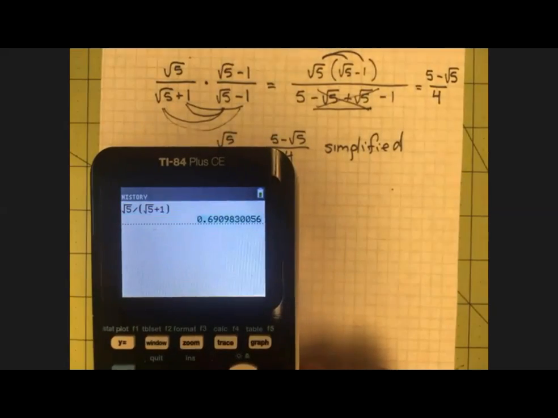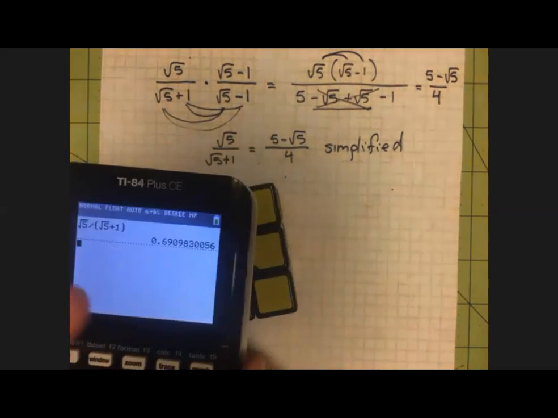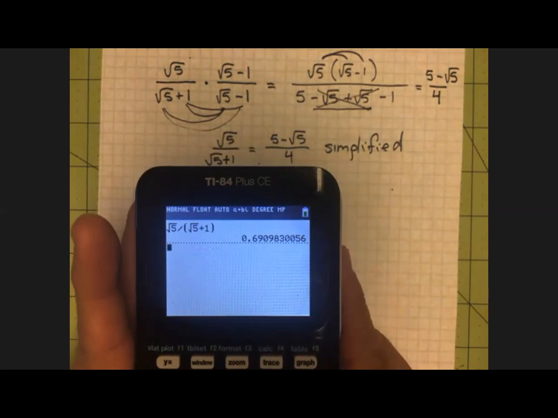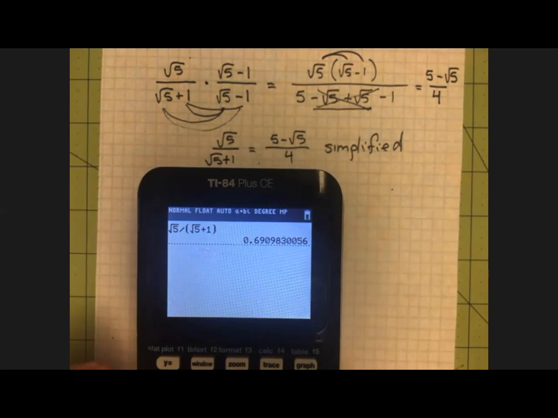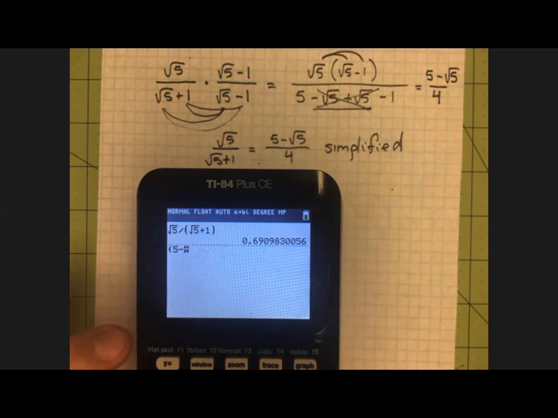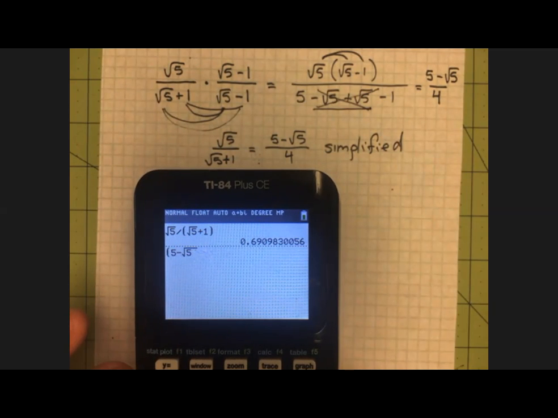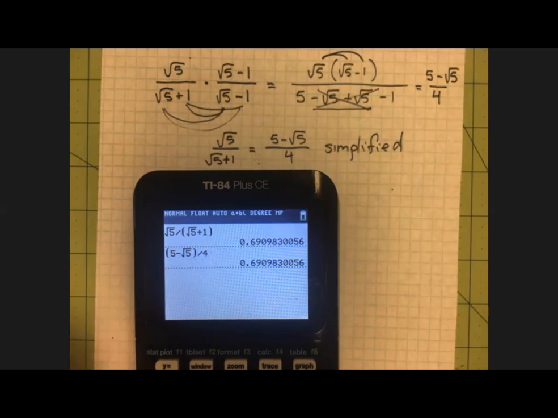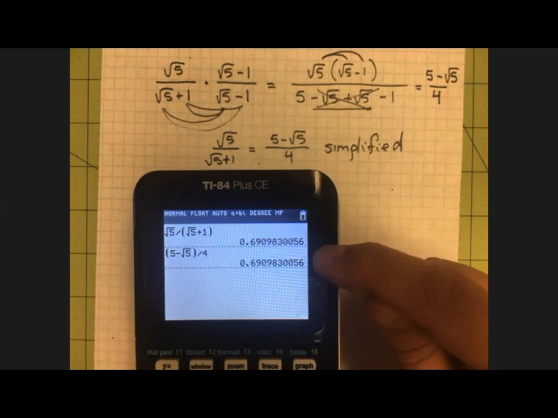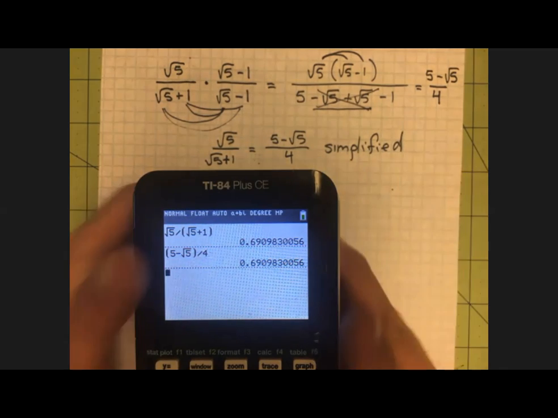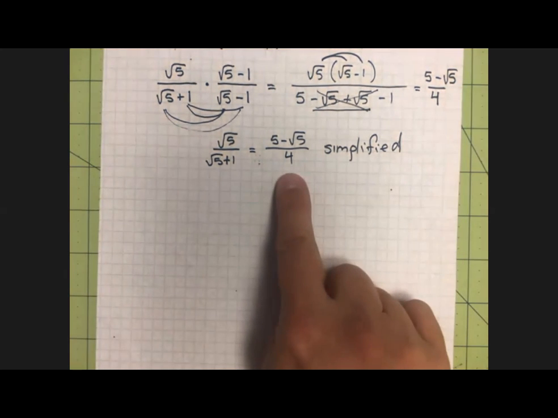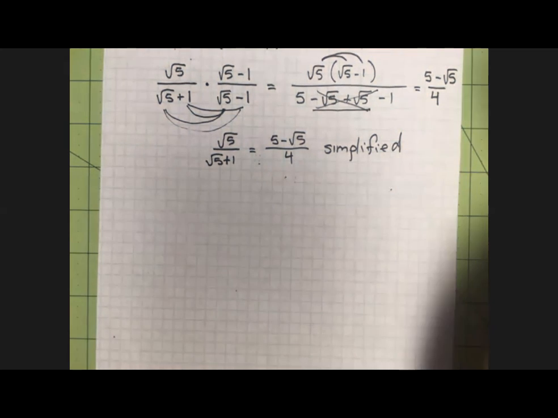So that's right. Now, what did we work it out to be? 5 minus root 5, divided by 4. So this is like a backup, to say, okay, I know I'm right. And I'm not telling you that the right side is prettier, except that it's got no radical in the denominator.